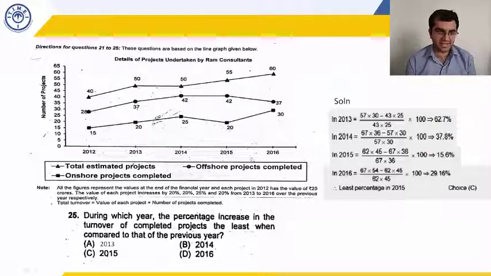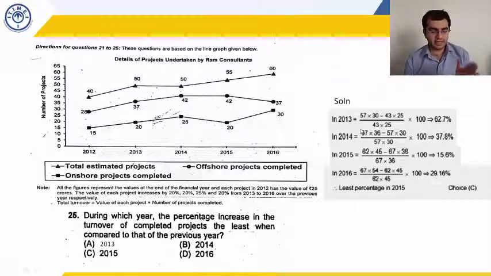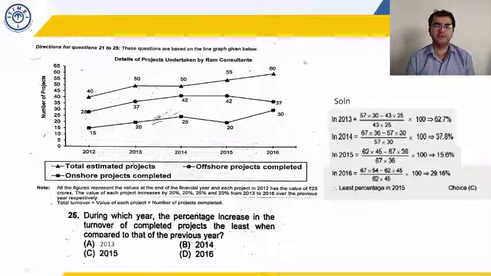And 45 plus 9, 54. So you get the value of the projects 25, 30, 36, 45, 54. And then you have the number of completed projects, so you get the total turnover. So the total turnover is being compared across consecutive years, and the percentage increase is being found.